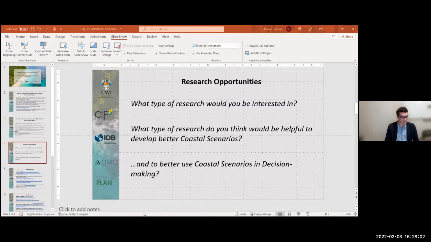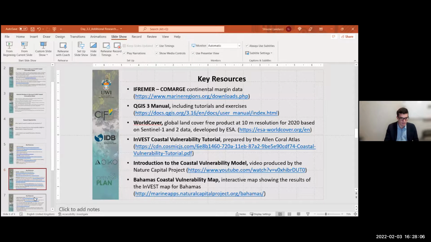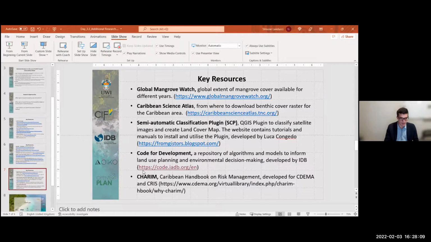This leads me, I'm going to move slightly ahead in my presentation just a second. I will explain what all of these are. I just want to show you something real quick among the different key resources that I am going to provide you with. This, for example, is an exercise that the IDB is conducting.